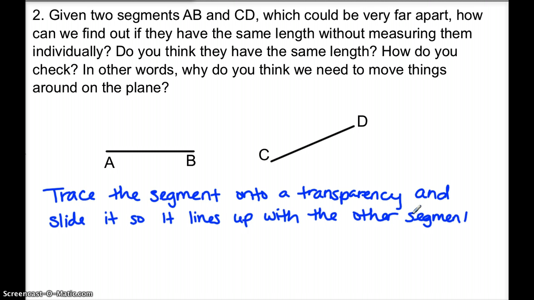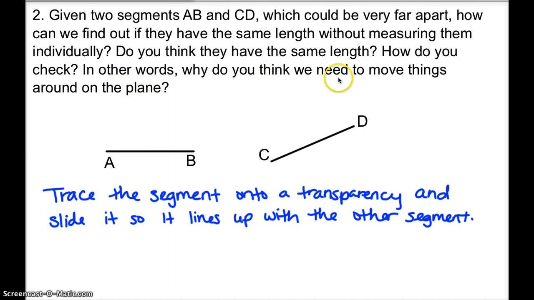And then if they are the exact same, then they're the same length. If not, then they're different lengths. Now, for these two, do you think they have the same length? Without measuring, you can just look and make your own inference on if you think they would be the same length. So then let's move on.